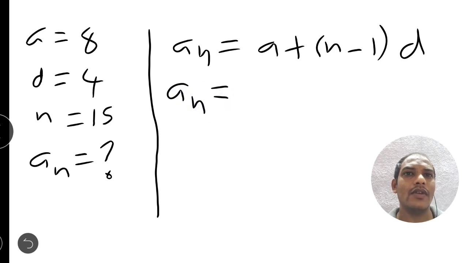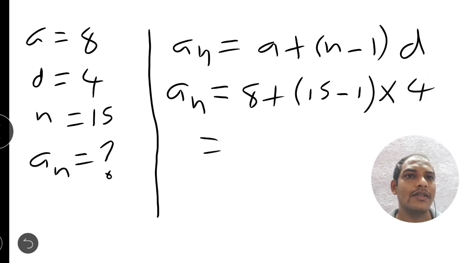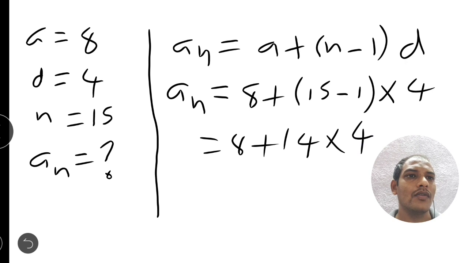A n equals a value 8 plus n value 15 minus 1 into d value 4. It equals 8 plus 15 minus 1 is 14 into 4. Here two symbols are there, one is plus, another one is into.